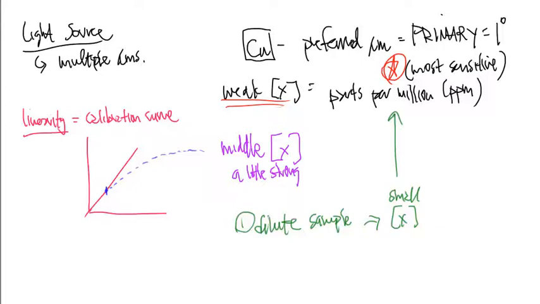But if I have a concentrated sample that's outside of the linear range, primary is not going to work for me. And one of the ways that I can fix the problem is to take the sample and dilute it. And when I dilute it, I can rerun it, and then it will tell me the concentration. I just have to go back and then recalculate for the corrected concentration.